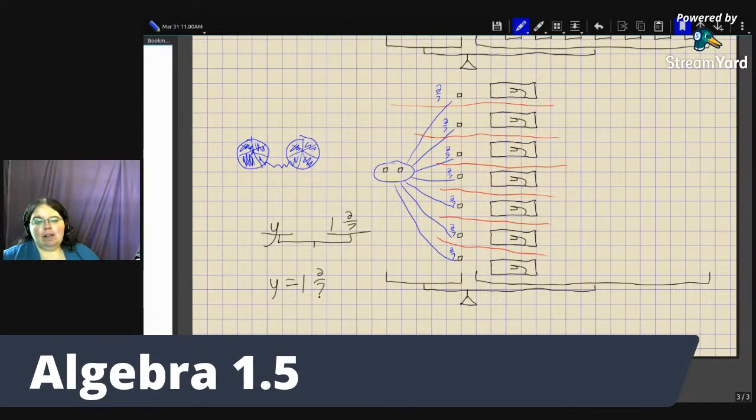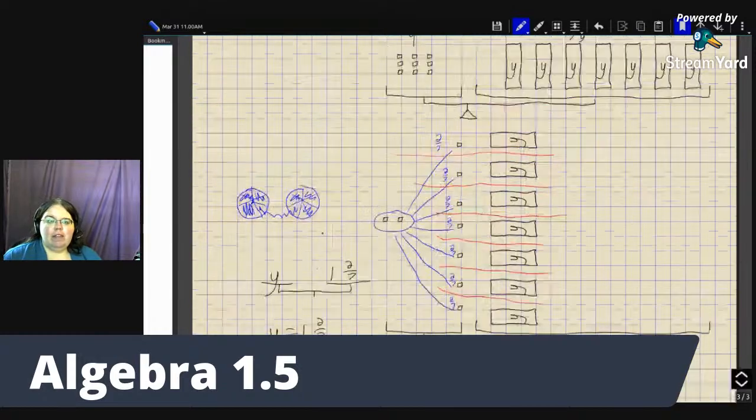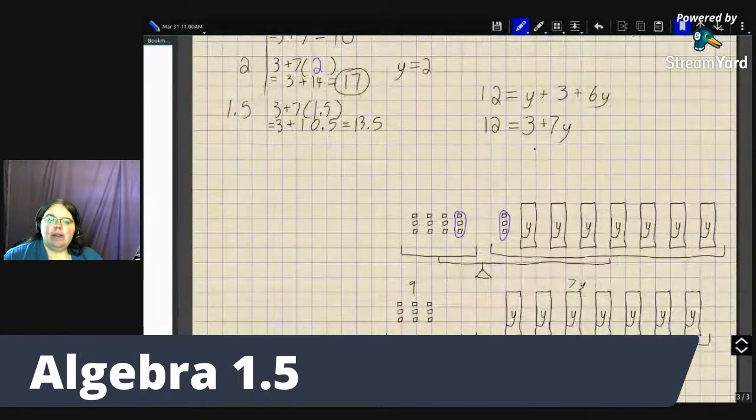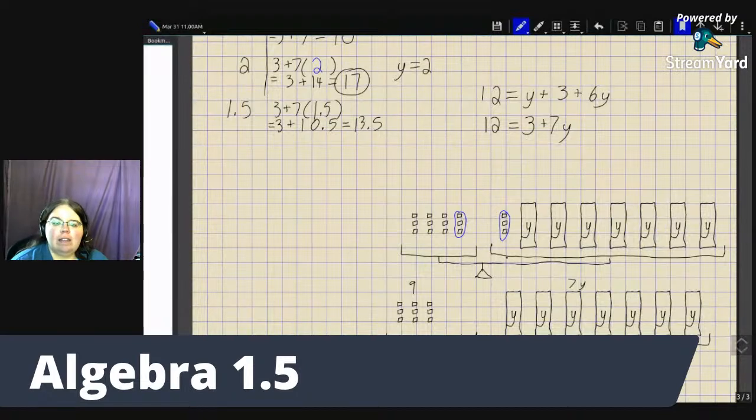Okay, now it seems inefficient to have to draw diagrams for all of this. So for shorthand, we would often say, okay, well, the first thing we did was subtract 3 on both sides. That's this step right here. That was very straightforward. So then we were saying, okay, that 9 is the same as 7y.